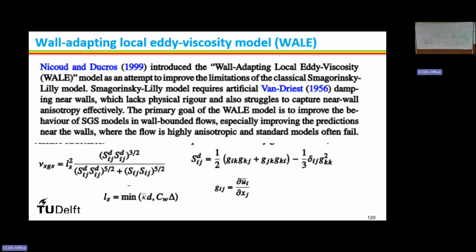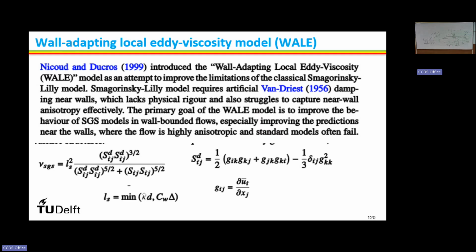Then this is the mean strain rate tensor S, right? From that, what is the deviatoric component? This is the deviatoric component. They combined it with the Kronecker delta function and calculate the deviatoric component of the strain rate, right?